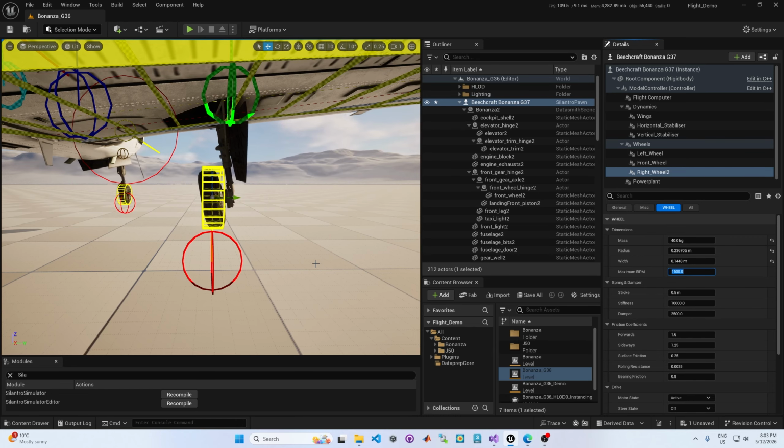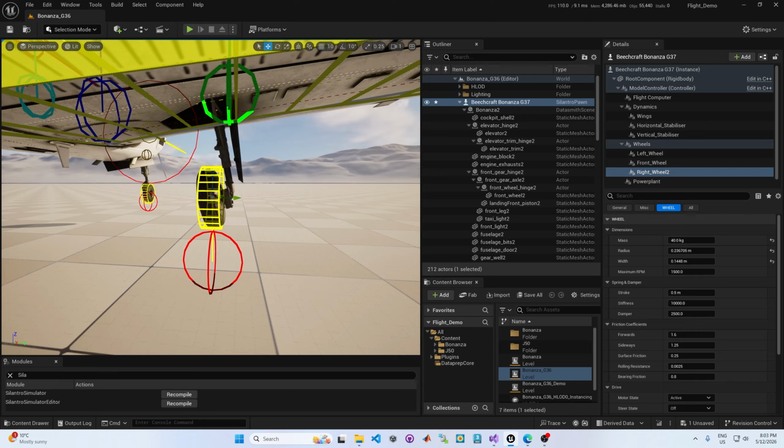Then the next thing is the stroke. This is not physically simulated, but this section is the mass spring damper system. It is a mixture of the wheel physics and the gear hydraulic physics. Stroke is the physical length of the piston for the hydraulic system.